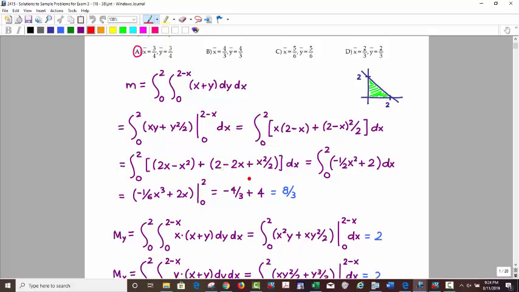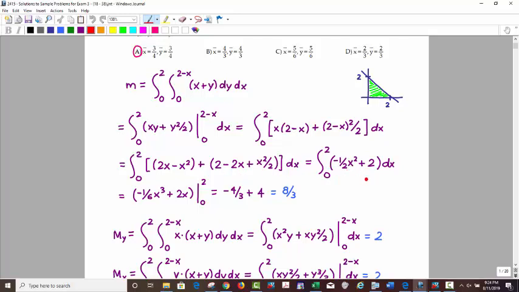And you can see the 2x terms will actually cancel. That's just convenient. And we have two like terms of x squared. So a negative 1x squared and a positive 1/2 x squared would add together to be negative 1/2 x squared. And then 2 is just 2.